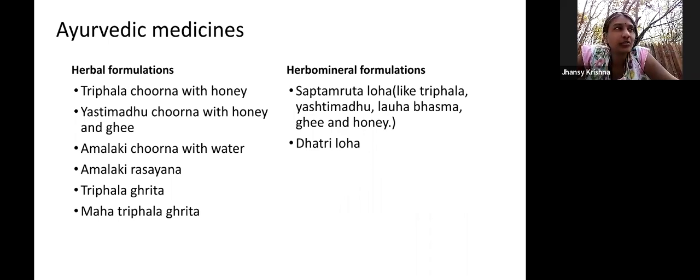In addition to this, internal medications include Triphala Churna with honey, Yashtimadhu Churna with honey and ghee, Amlaki Churna with water, Amlaki Rasayana can be given twice a day.